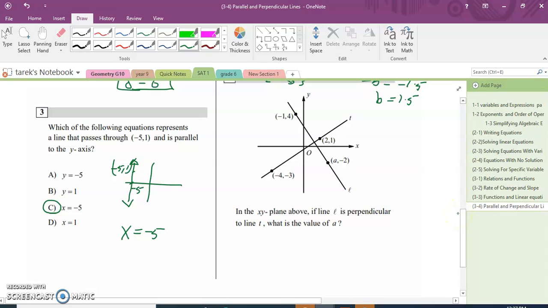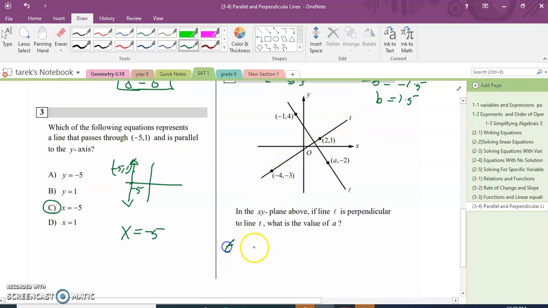In the xy plane above, if the line L is perpendicular to the line T, what is the value of a? Oh, here the two slopes are not equal, but one of them is the negative reciprocal of the other. So let's get one of the slopes. The one I can get is the slope of T, because the numbers already exist.